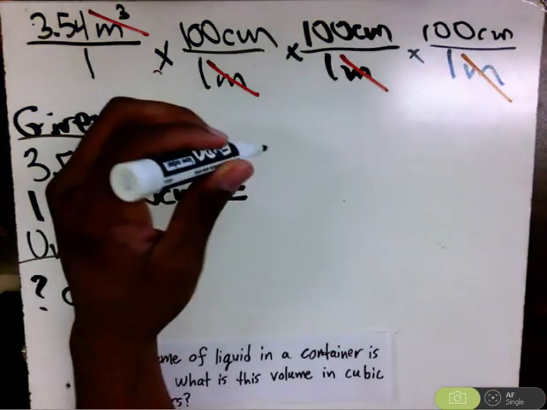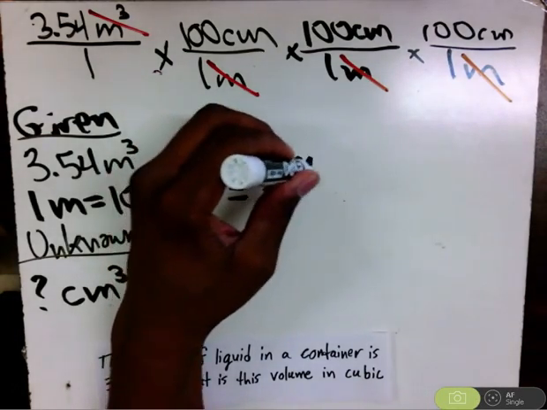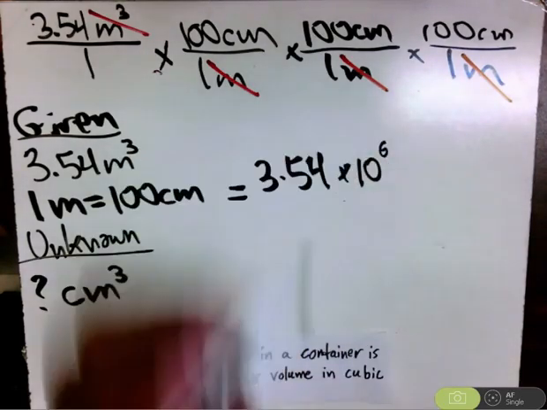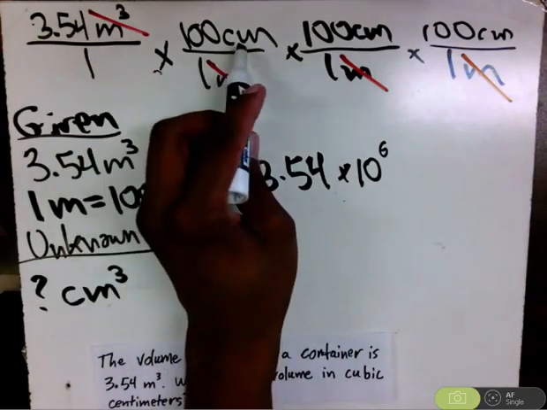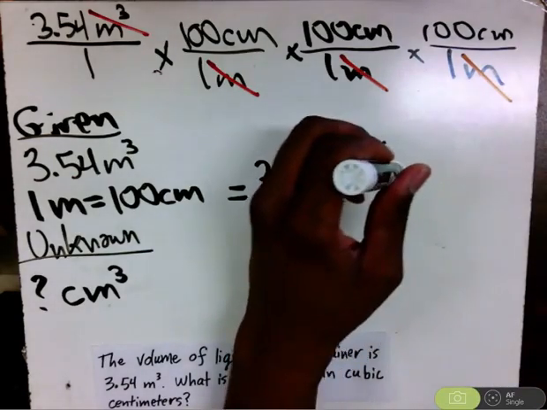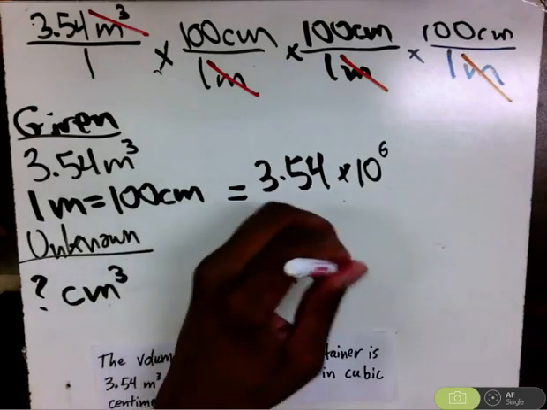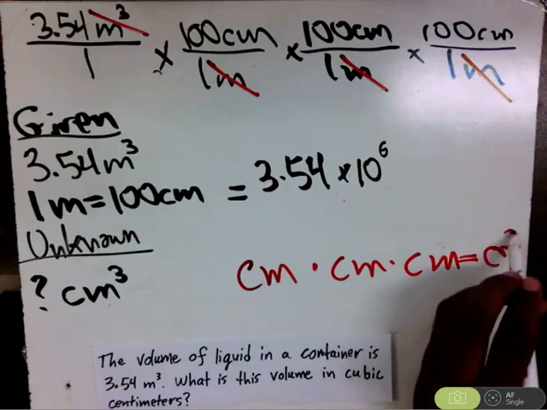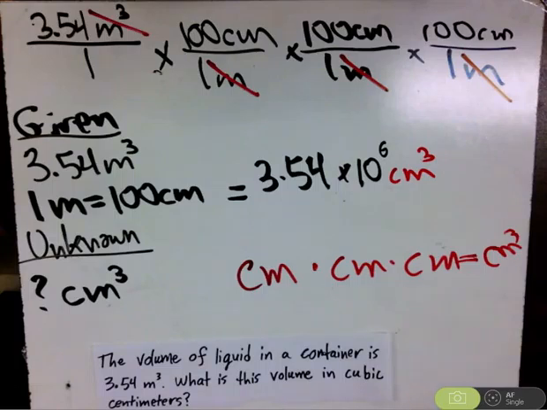So that's going to be 3.54 times 10 to the 6 centimeters times centimeters times centimeters. So that is equal to centimeters cubed. So up here, centimeters cubed is my unit.